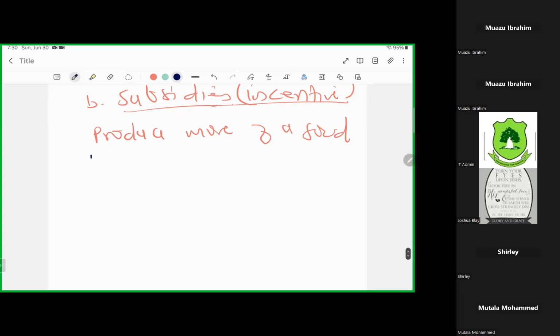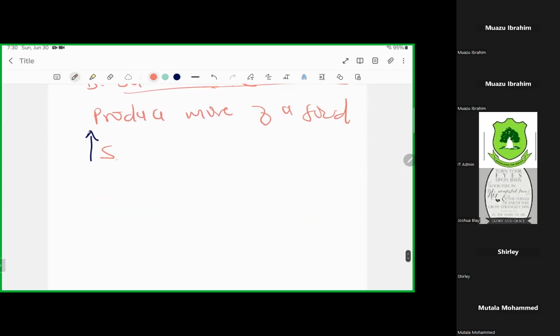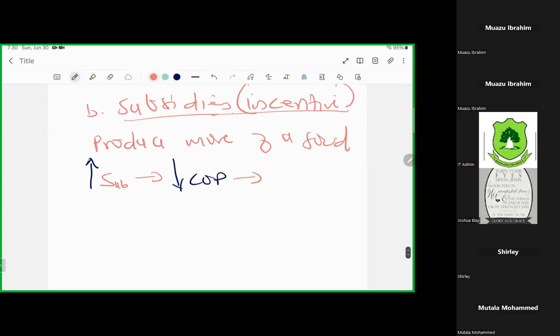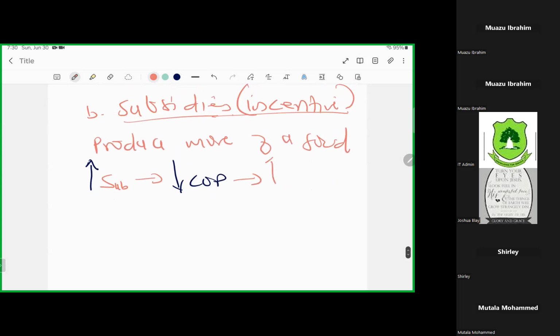An increase in subsidies will decrease farmers' cost of production, and the decrease in the cost of production will lead to an increase in the amount that they supply.